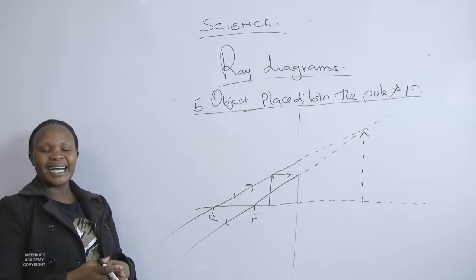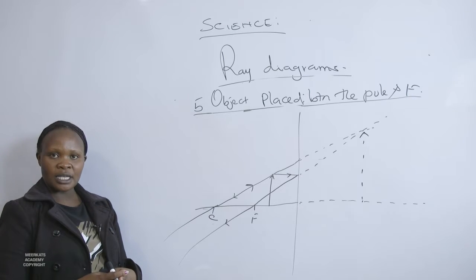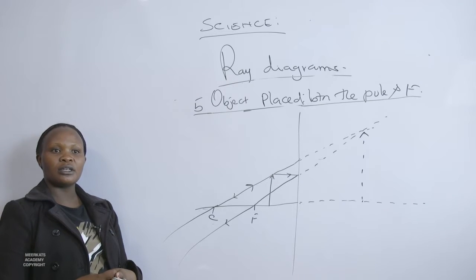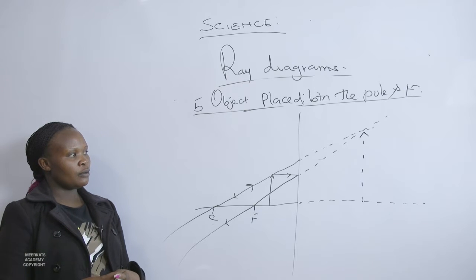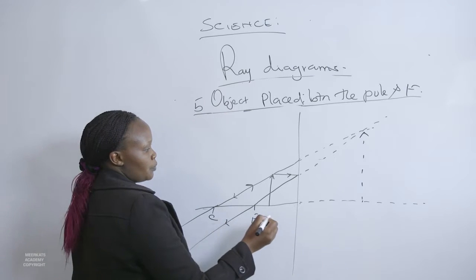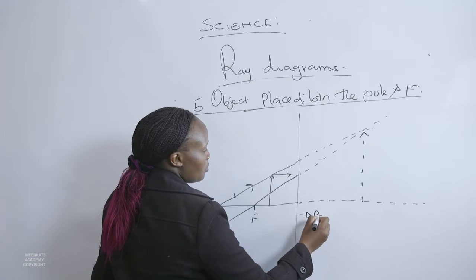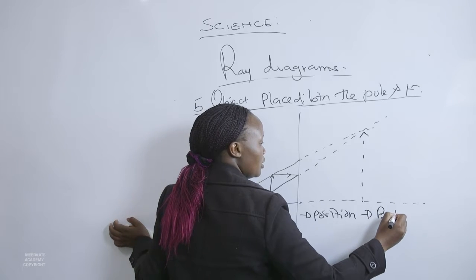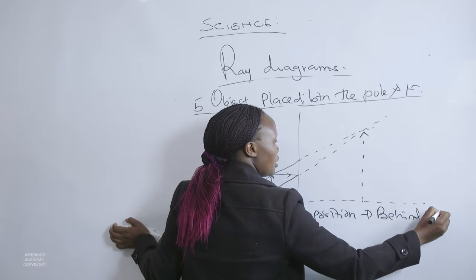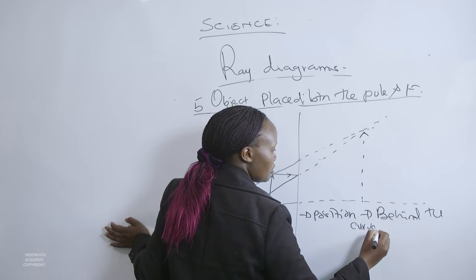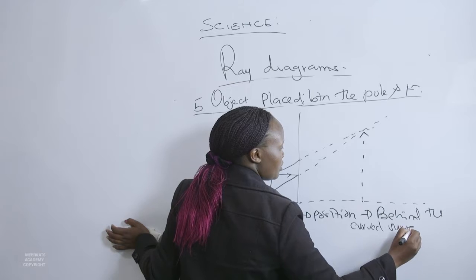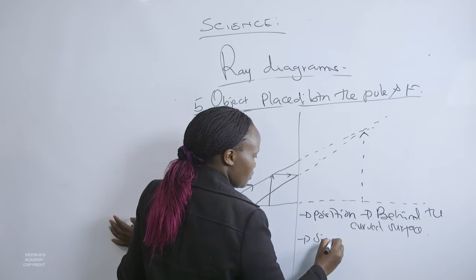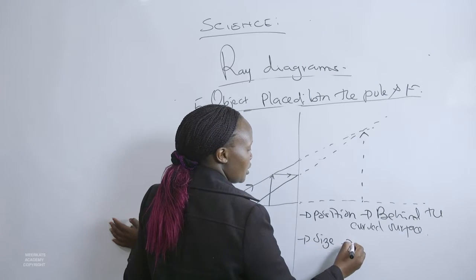Now, these rays are going to intersect somewhere behind our reflecting surface. That is to mean that our image is going to be on the opposite side of the reflecting surface from the object. Therefore, we can try and describe it. Number 1 is the position. The position of the image is behind the curved surface. We could talk about the size, and we can say it's enlarged.